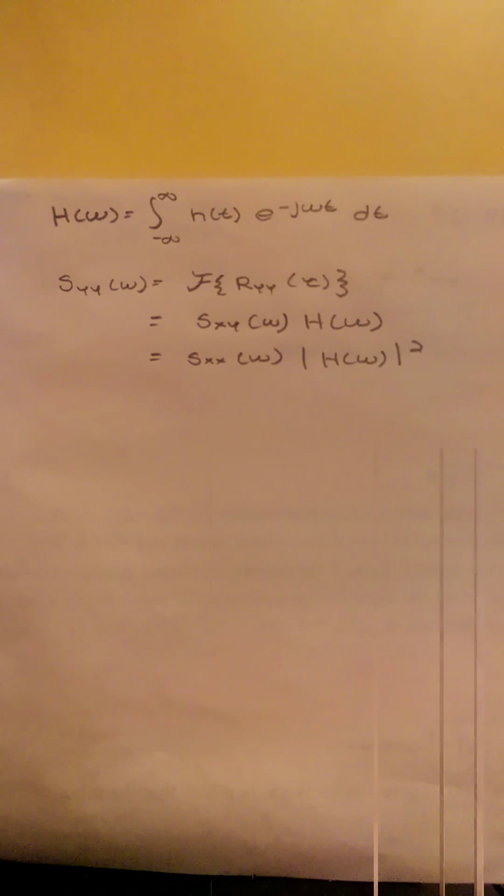Before we continue, we need to revisit a few things. We know that the frequency response H of omega is defined as the integral from negative infinity to infinity of h of t times e to the negative j omega t dt.